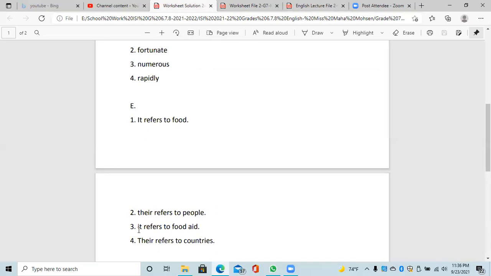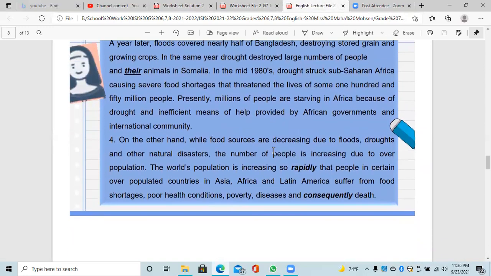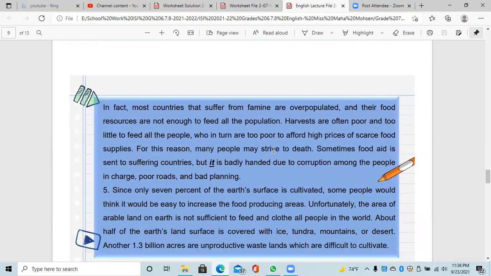The third one, it refers to food aid. It is in paragraph 4. Let's look at it. In paragraph 4, here. For this reason, many people may starve to death. Sometimes food aid is sent to suffering countries, but it is badly handled due to corruption among the people in charge, poor roads, and bad planning.